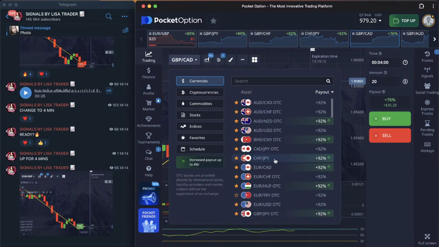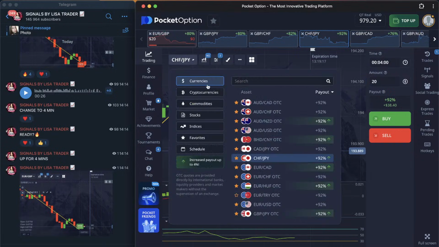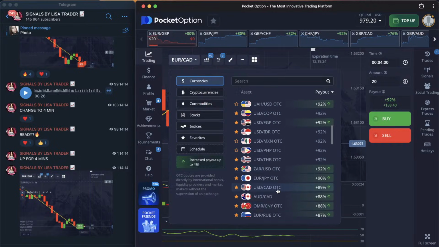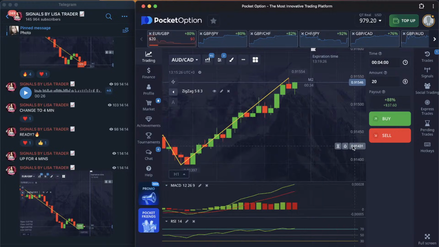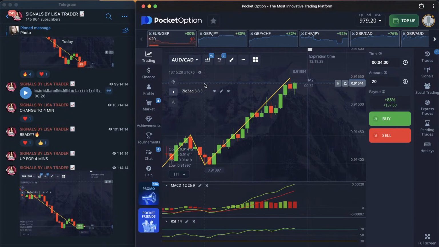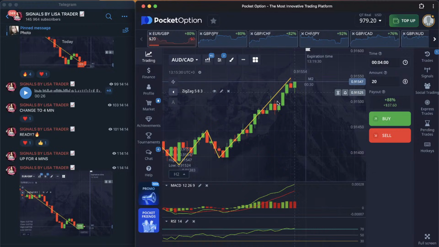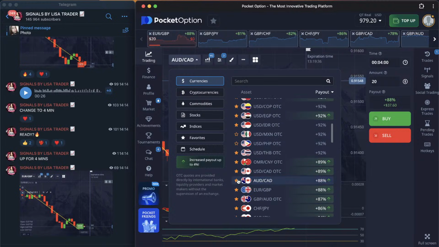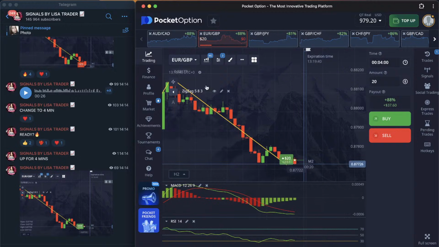I'm going to check some other currency pairs just in case. Here, as you can see, it's a pretty good upward trend, but a lot of corrective candles happen, so it can change any second as well. I'm going to save this one for later.